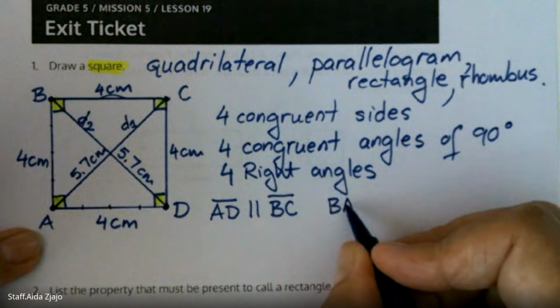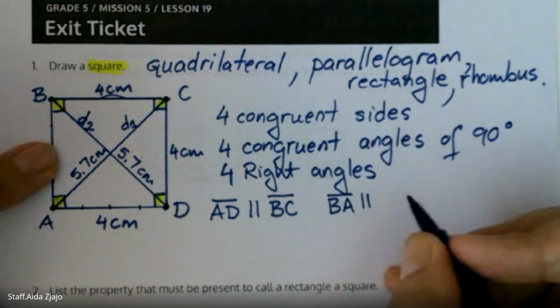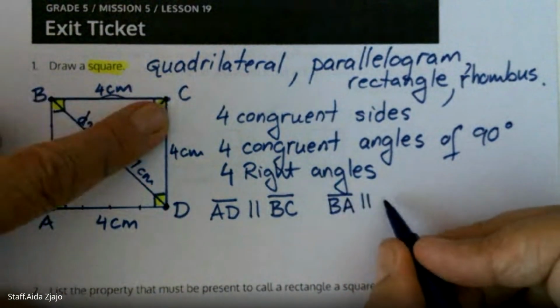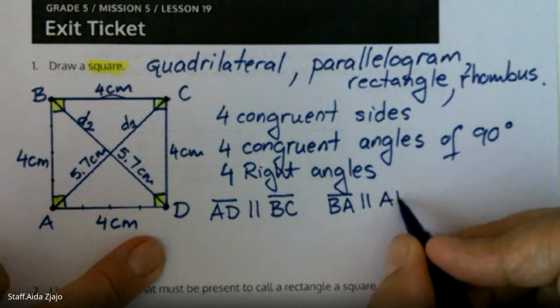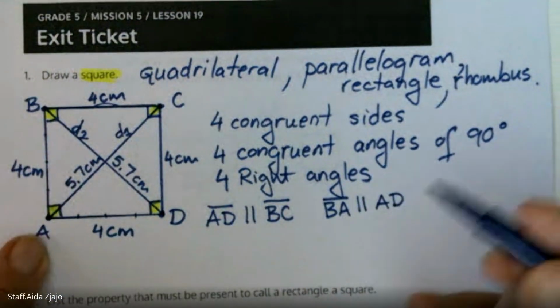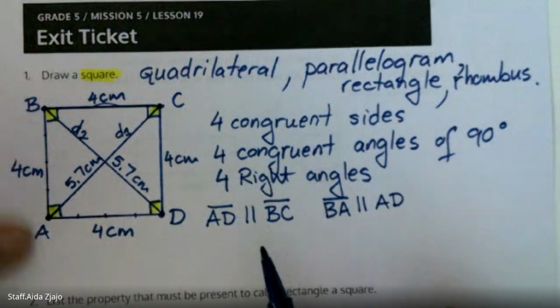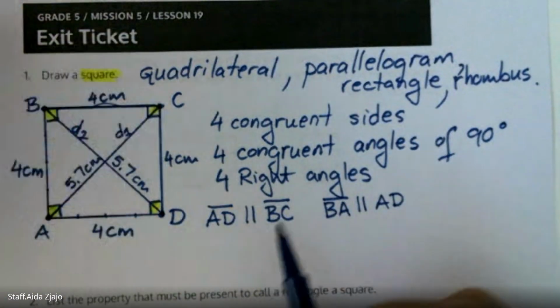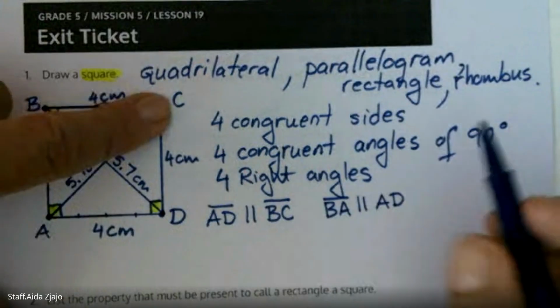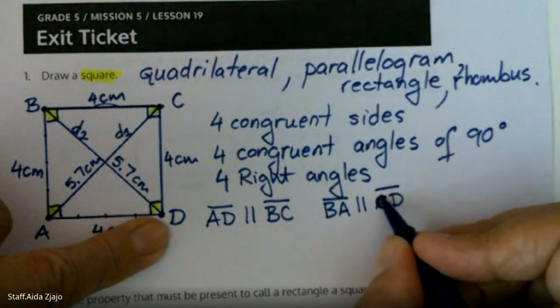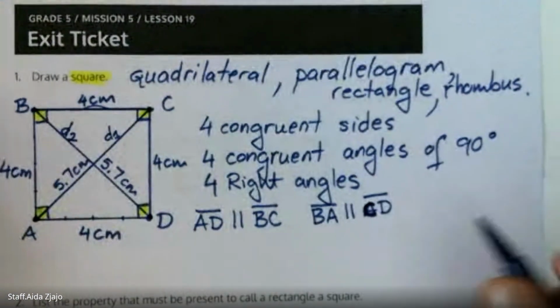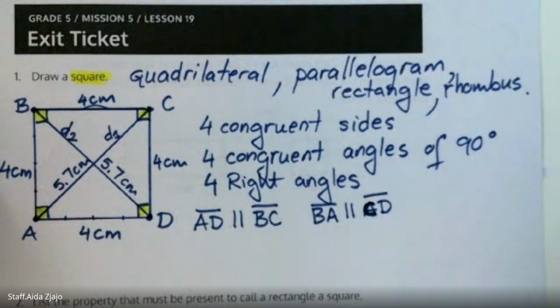BA line segment is parallel to... oh, I messed up. AD with BC, BA with CD. Sorry, I just caught my mistake. CD, so those are parallel.